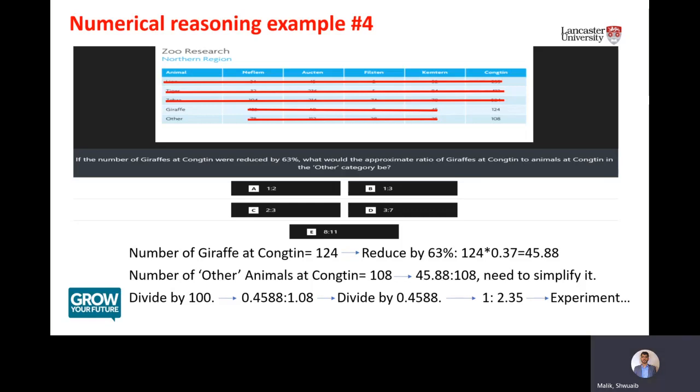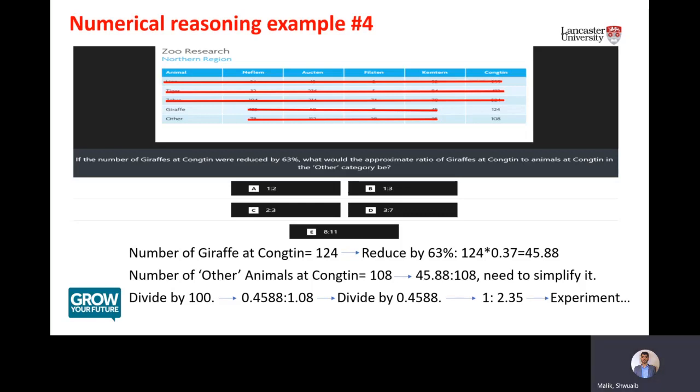Now you'll see that 2.35 isn't an option in the answers. And there's a reason for that. The question wants you to experiment with this and see what 1 to 2.35 is equivalent to from the options given. So it's not A, as that's 1 to 2. It's not B, as that's 1 to 3.